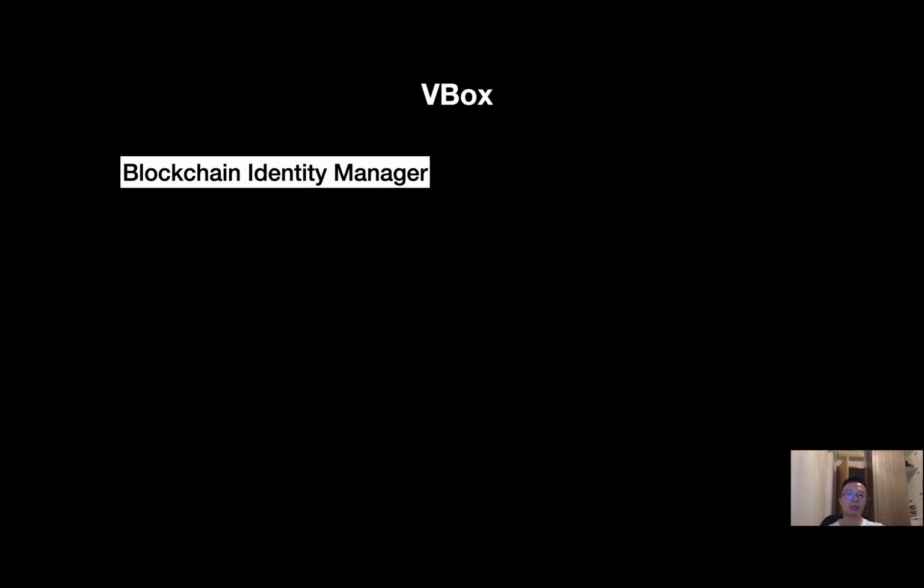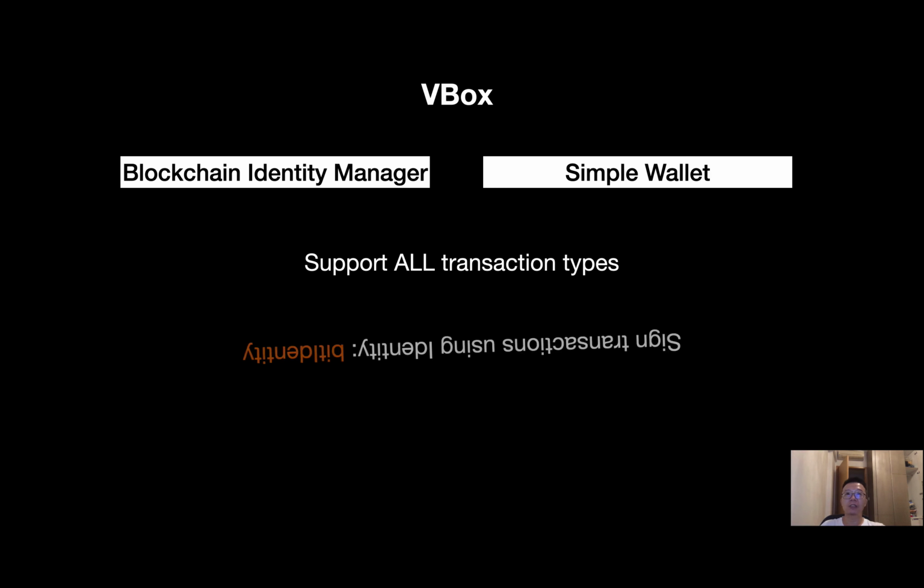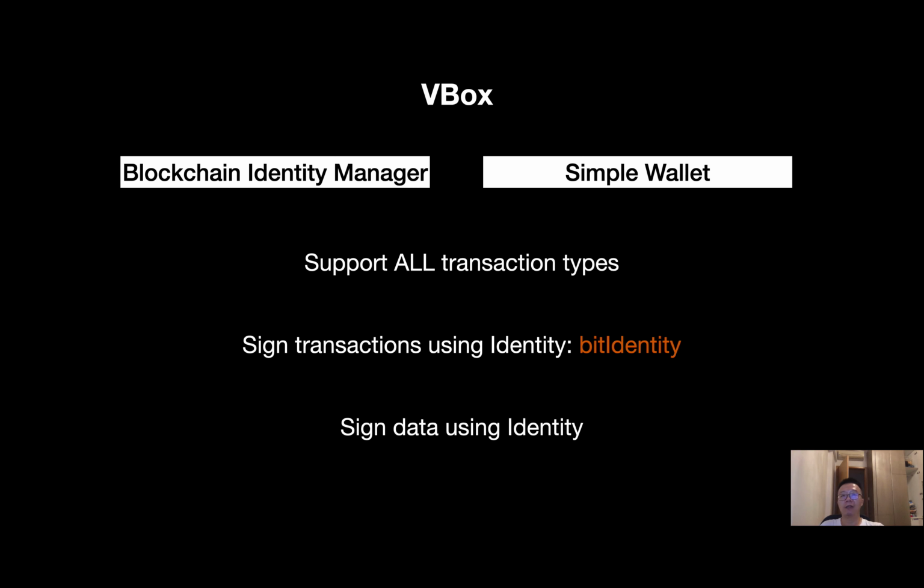Besides being a blockchain identity manager, VBox is also a simple wallet. The asset in VBox is VPoint, which can be used to pay in all BSV apps. By using VBox, we give users the ability to form a virtual character through all their activities, from payment to using apps, and have total control over what identity they want to use under any circumstance.